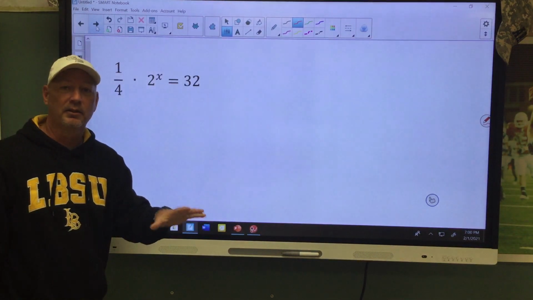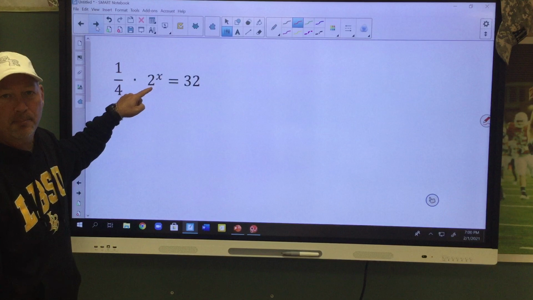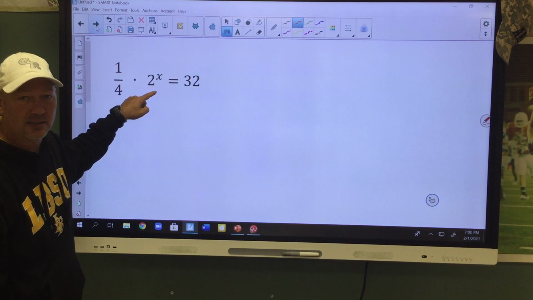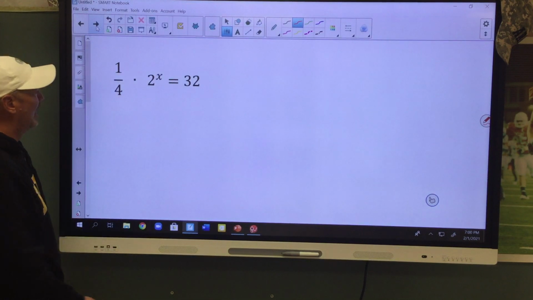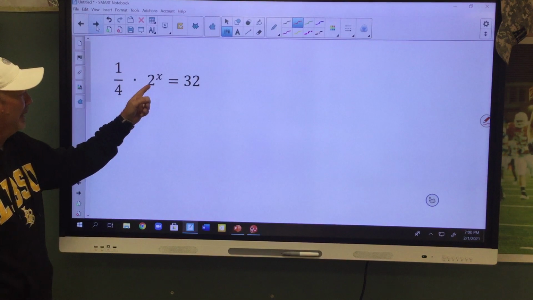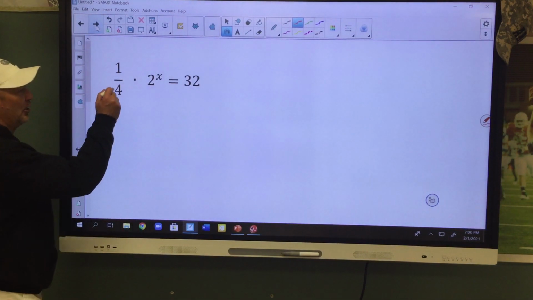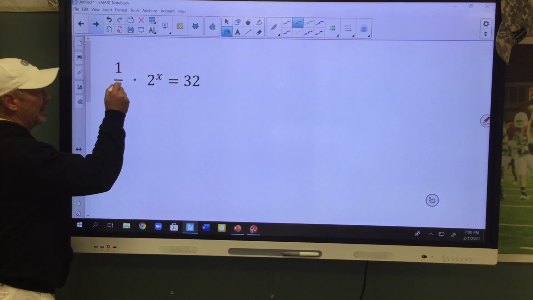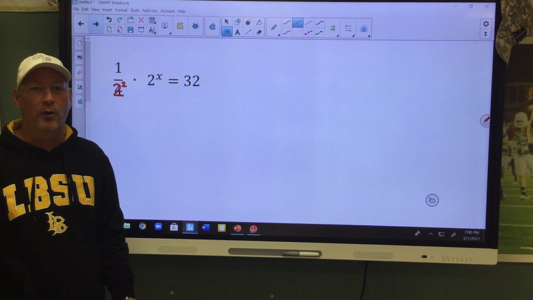Don't panic, okay? Look at this. 2 is my base. 2 is the base. So we're going to take this in small little bites, okay? I need to see if I can rewrite the number 4 with a base of 2. And sure, you're going to come in here and say, yes, coach, 2 to the second power. 2 to the second power, that's the same thing as 4.